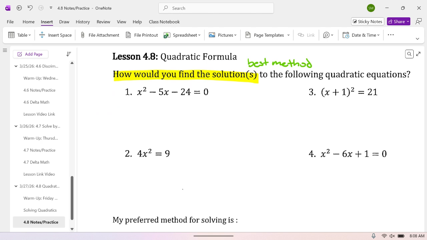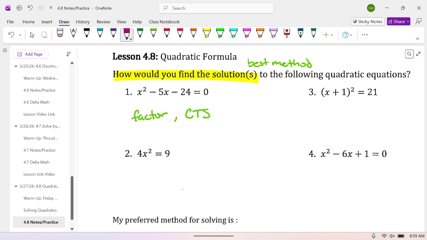So could I find factors of 24 that add to -5? Yes. So you could factor, and since the a value is also 1, you could also complete the square. Now, if I were you, I would factor, because that's a little bit easier than completing the square. But again, multiple ways to skin a duck. You can do it however you want.